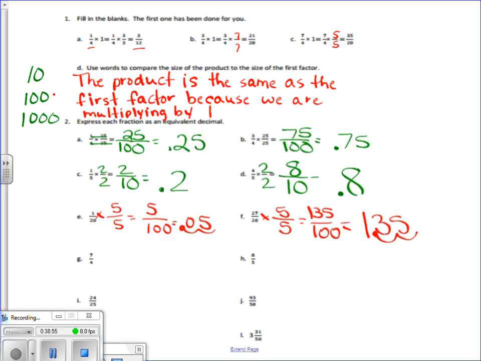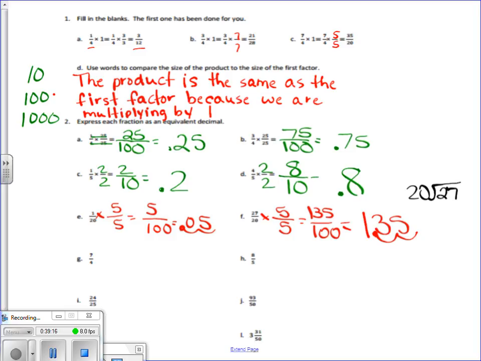So if we were going to do this with the division instead of the fraction way, which you can totally do, 20 divided into 27.